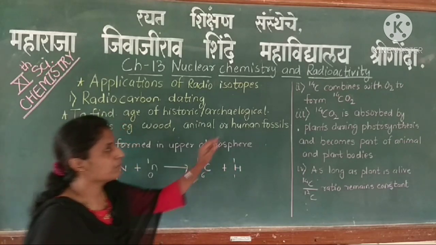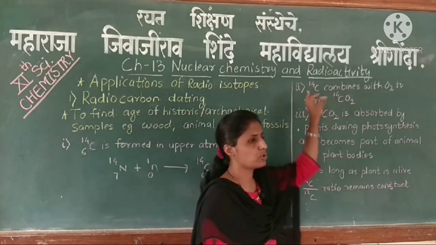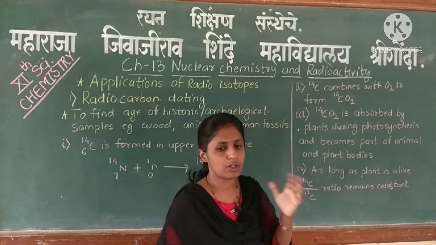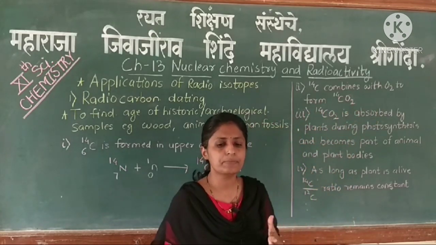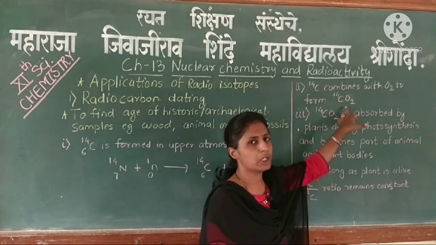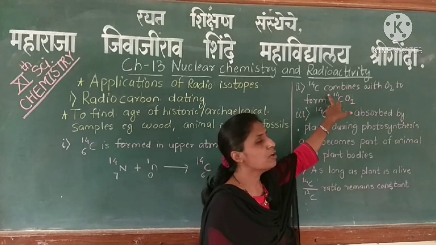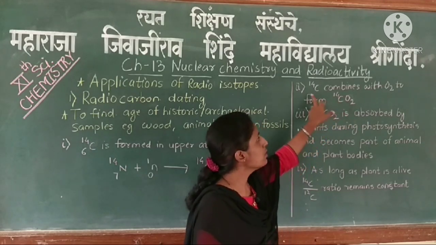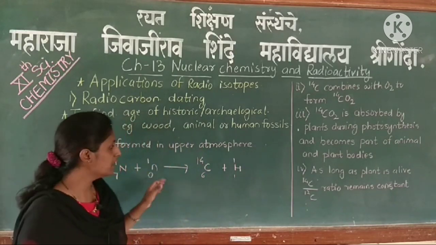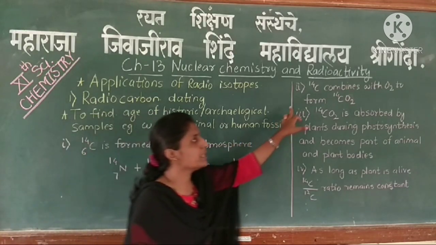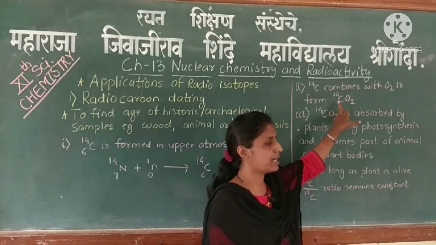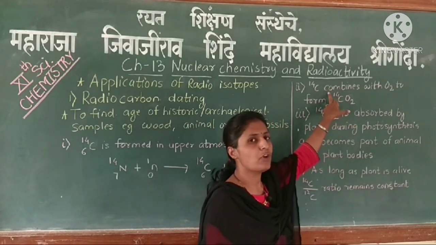Now this carbon-14 isotope combines with atmospheric oxygen, the oxygen which is present in nature. It combines to form carbon dioxide which is having carbon-14. So this carbon-14 formed in nature combines with atmospheric oxygen to form CO2, that is carbon dioxide, which is having carbon-14.